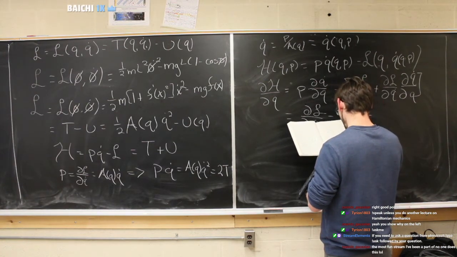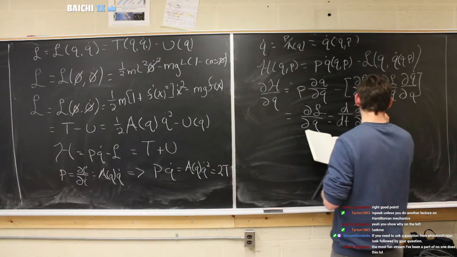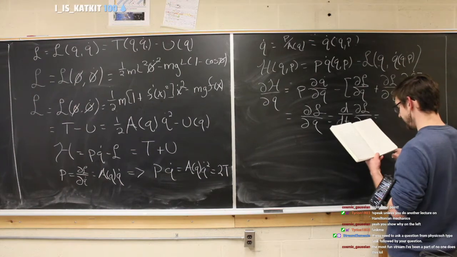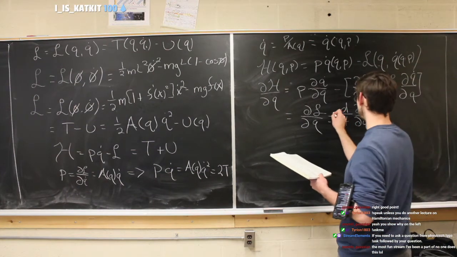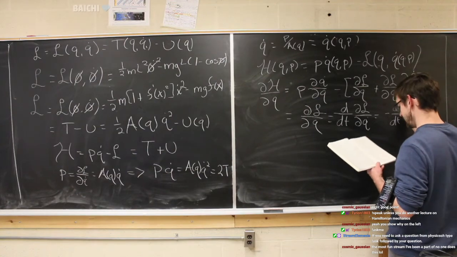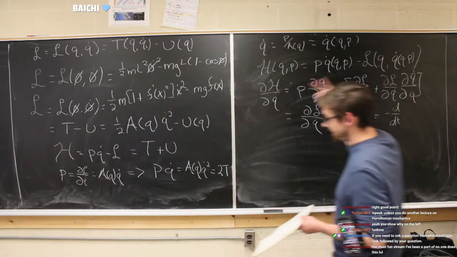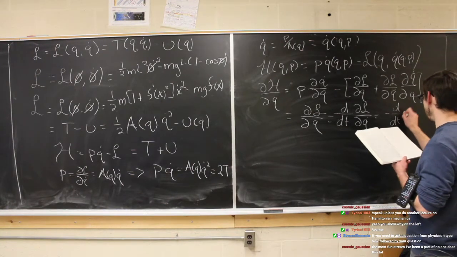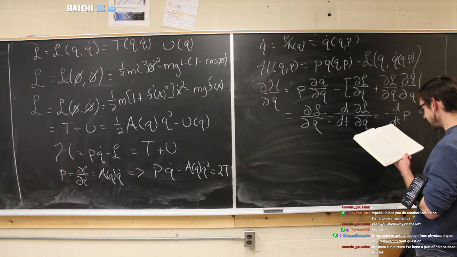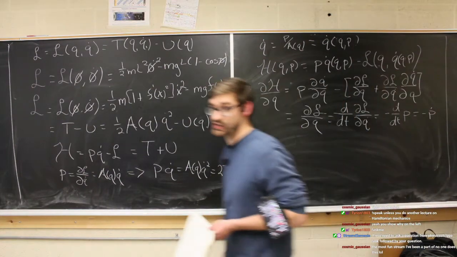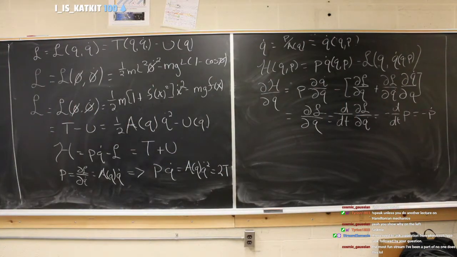Remember, this is our original Euler-Lagrange equation, q dot, which is then equal to the change in, oh, I'm sorry, this is a minus. Excuse me. Yeah. Minus the change with respect to time. And this is just, again, generalized momentum. So this is just p. So what does this mean? Negative p dot. So the change in the momentum with respect to time.